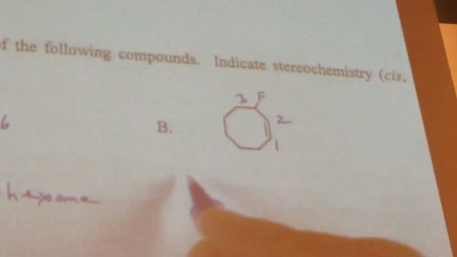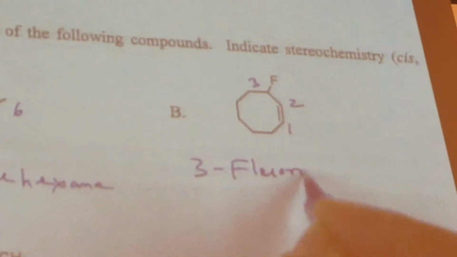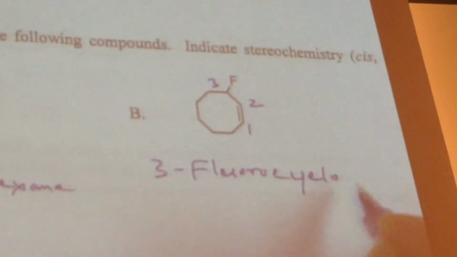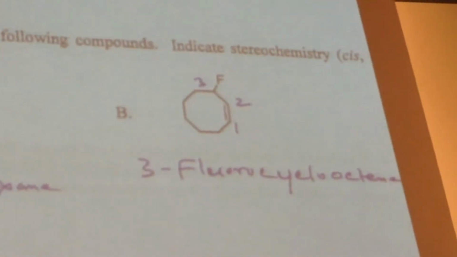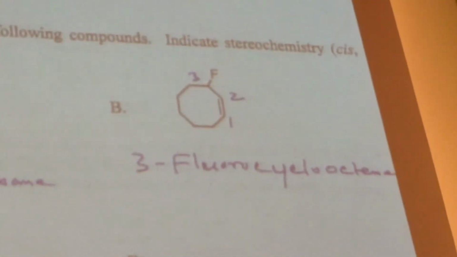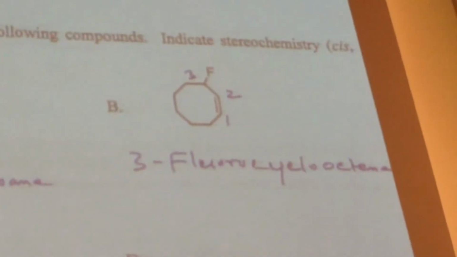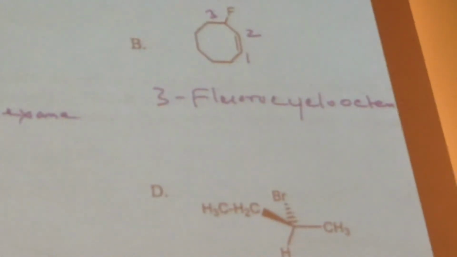So therefore it's 3-fluorocyclooctene. And you don't need 1, 2 because it is implied in the cyclic compound.